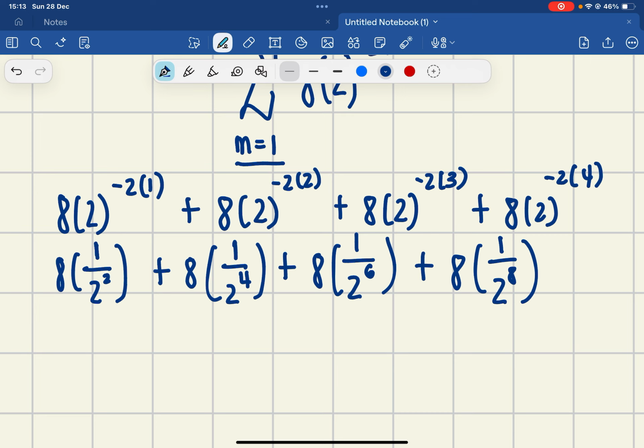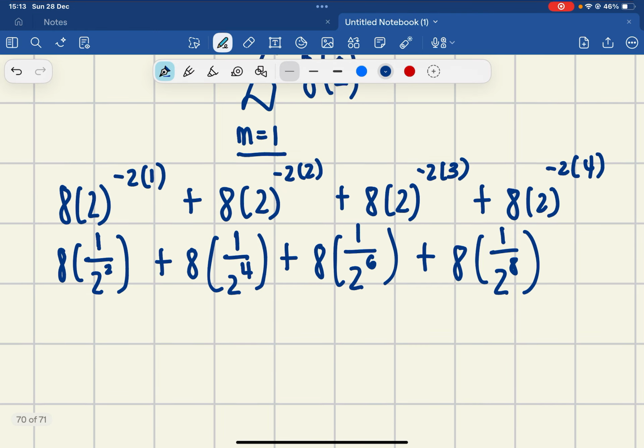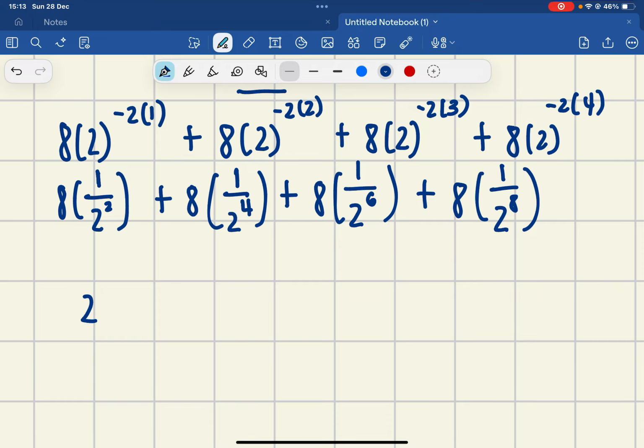Righty. And then from there on, that easily helps us. I will just quickly plug this into our calculator for us, and here we would end up having a 2. Multiply by 8.